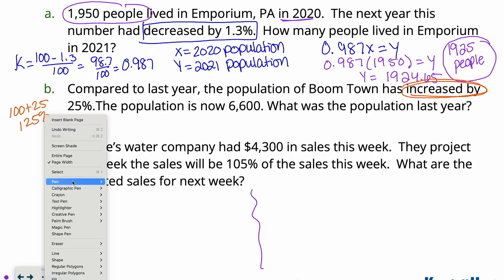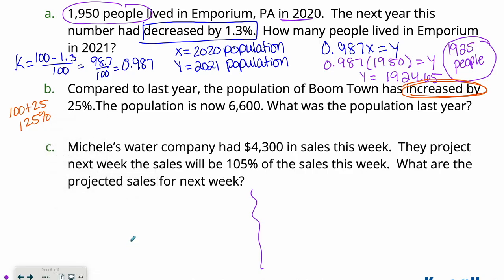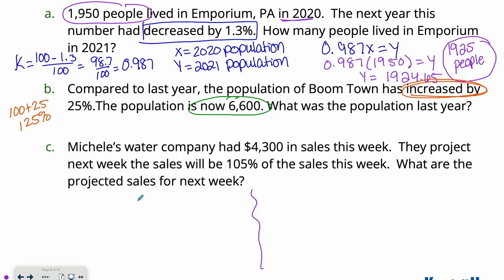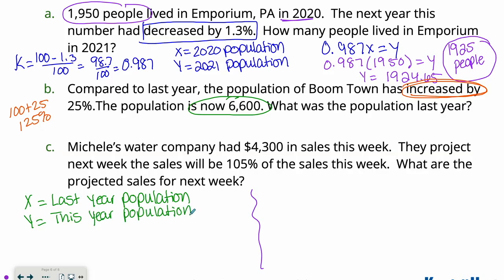We also know that the population is now 6,600. Our equation, well, X is going to be last year's population. Y will be this year's population. K, 125 divided by 100 is 1.25.